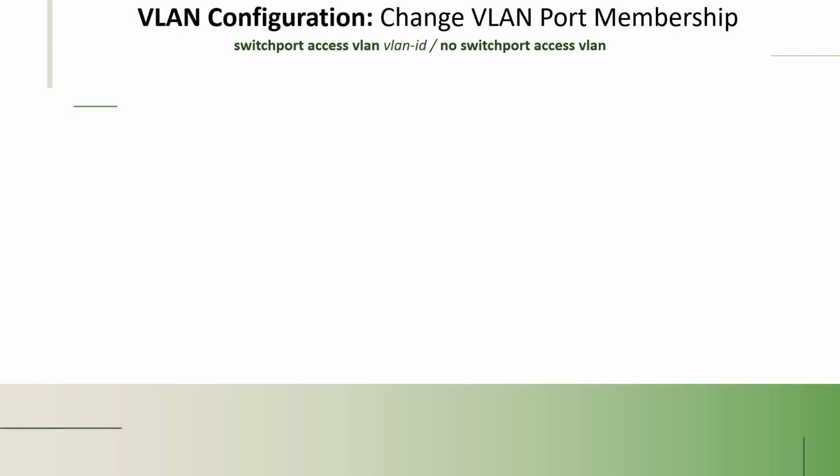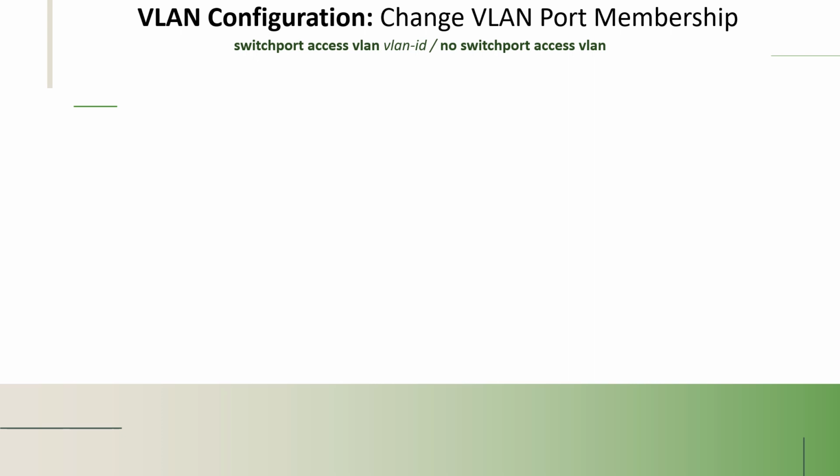Let's assume that FastEthernet 0/18 was incorrectly configured to be on the default VLAN 1 instead of VLAN 20. To change the port to VLAN 20, you just need to be at the interface level of FastEthernet 0/18 and enter switchport access vlan 20, and it will automatically be assigned to that VLAN.